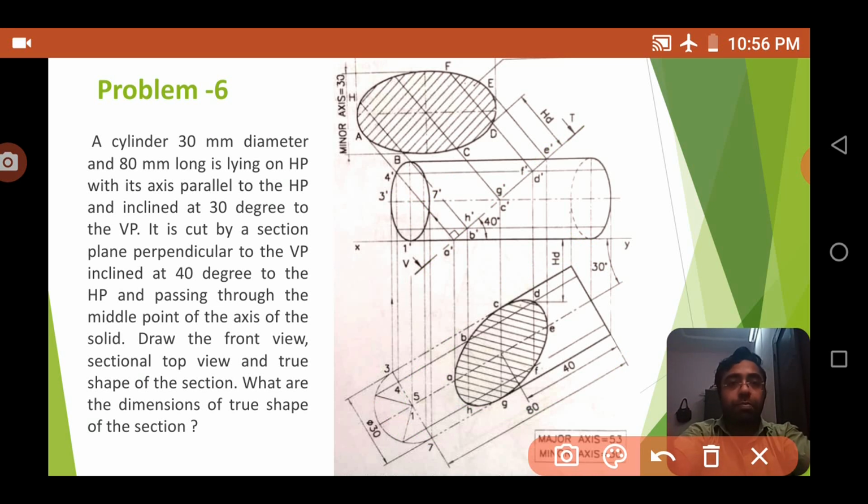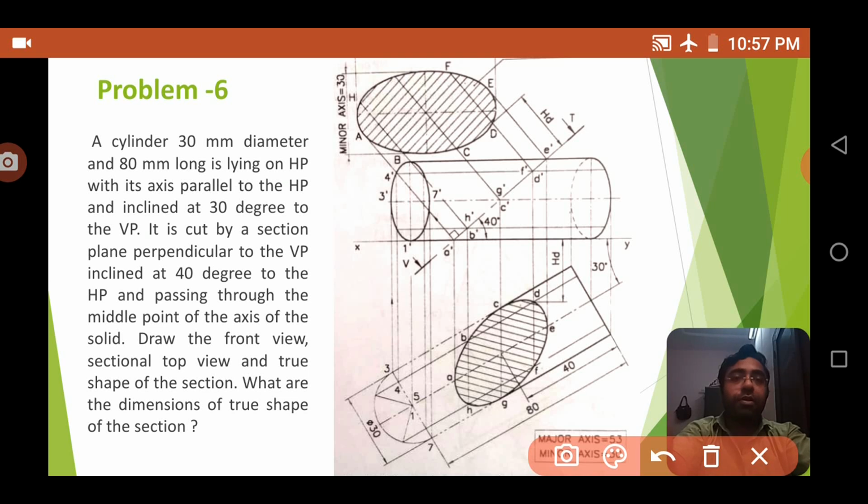There are 6 problems we have already conducted related to the cutting plane and auxiliary planes. Now there are a lot of problems available in the textbook and other sources you can access, so take other problems and try to draw them. I think you also have to try these two problems at least at home, and finish them fast.